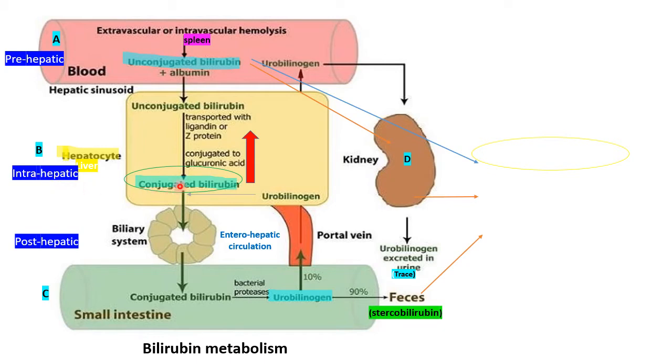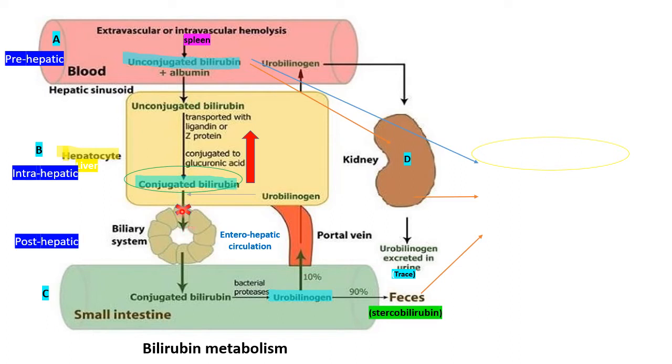The conjugated bilirubin is subsequently excreted into the bile ducts, which carry it to the small intestine. In the small intestine, it is converted to urobilinogen and stercobilinogen, which gives the normal brown color of the stools.